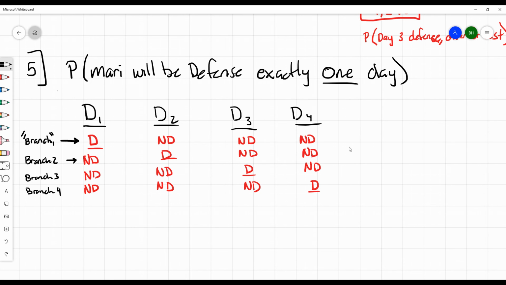So for each of these branches, all of these probabilities can actually happen, right? So we're going to multiply them together. However, when we're looking between the branches, whatever those equal, we're going to be adding them together because not all of them can happen at the same time. So this is a little bit of a longer problem.